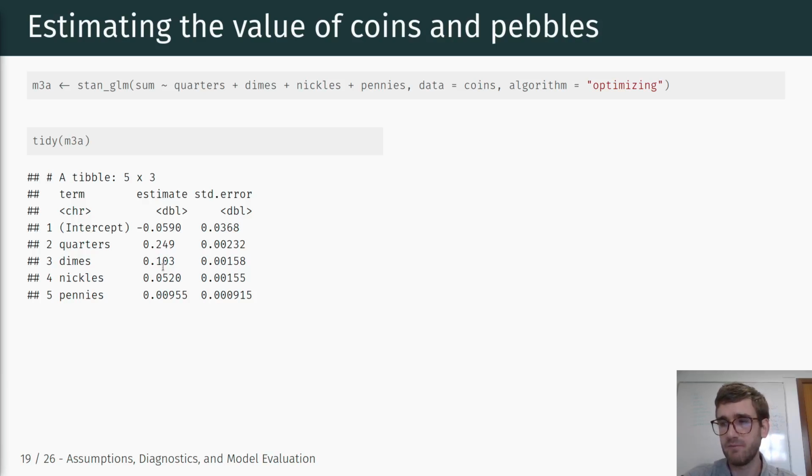Okay, same for dimes, nickels, and pennies. We have 10 cents, 5 cents, and about 1 cent of an increase in the expected value in that pocket if you increase the number of pennies, nickels, and dimes by 1 unit, right?